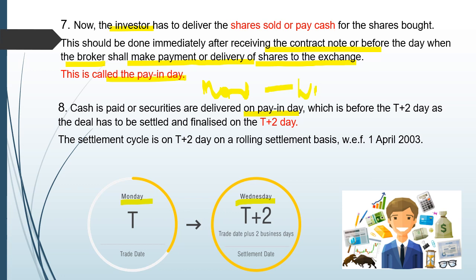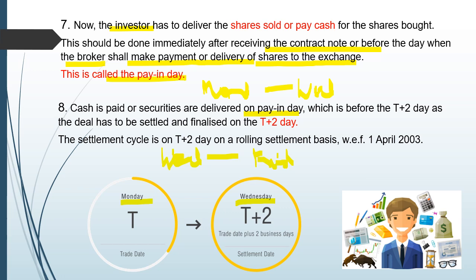Wednesday the shares will get delivered into your Demat account. You want to sell shares. Wednesday you are selling your shares. So what will happen? The amount for the shares will be credited to your account on Friday. This is the meaning of T+2. That means a trade that takes place on Monday will get settled on Wednesday. A trade that takes place on Tuesday will get settled on Thursday.